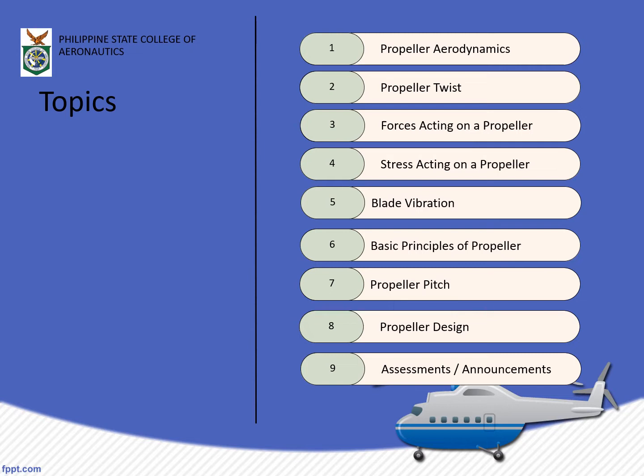The first one, we have propeller aerodynamics, followed by propeller twist, the forces acting on a propeller, the stress acting on it, and the vibration, basic principles of propeller, propeller pitch, propeller design, and the last part. Okay, first we will have propeller aerodynamics.